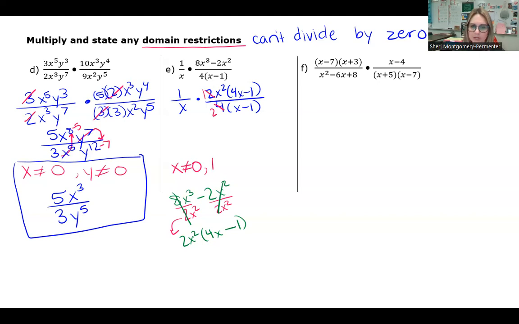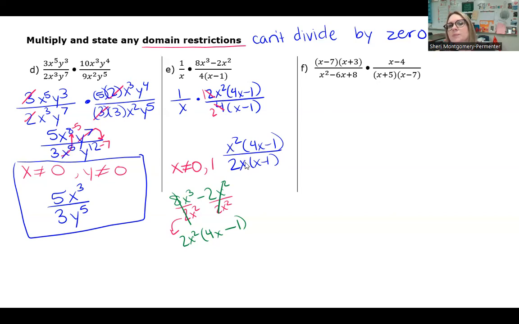When I multiply straight across the top, I get x squared and then 4x minus 1. In the denominator, I am left with a 2. There's an x. And then x minus 1. Oh man, I forgot. I didn't see that we could still reduce. We've got an x and an x.